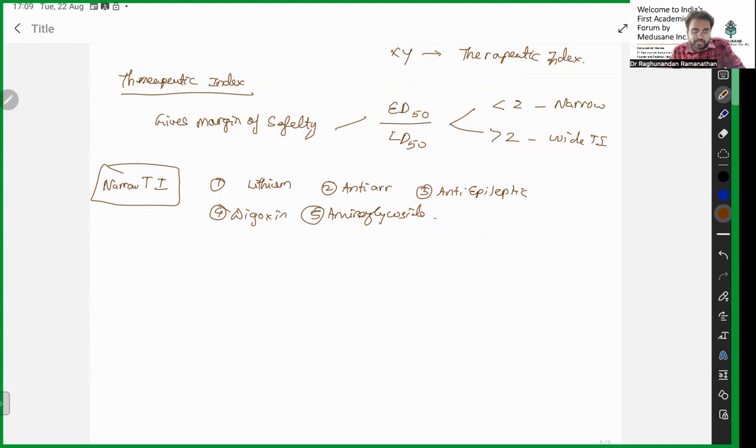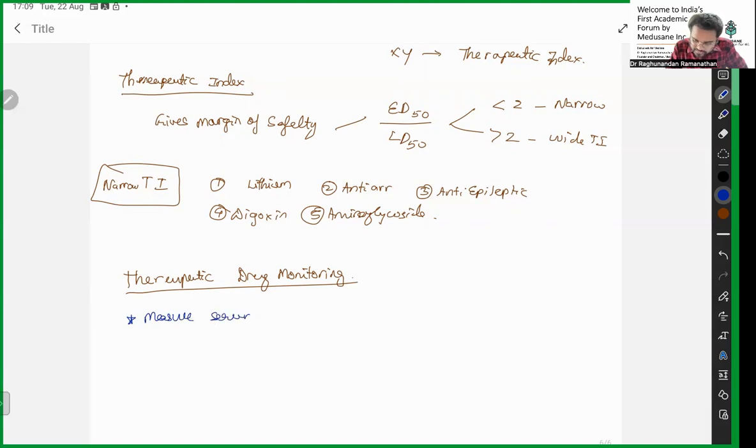We will write the last point as a short note: therapeutic drug monitoring. Write it along with me. What is therapeutic drug monitoring? Here you measure serum drug level to check compliance and to adjust dose.